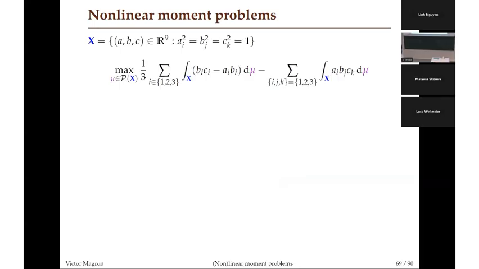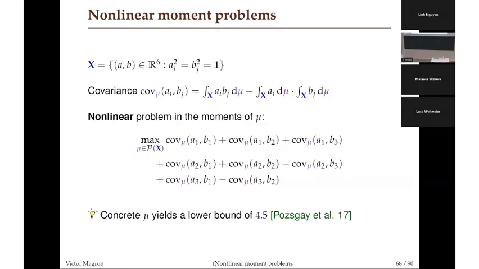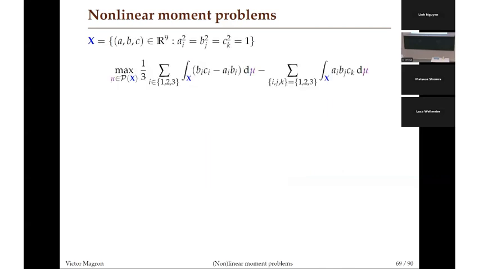There is another problem also coming from quantum information. Here the objective function is nonlinear. We also found that quantum physicists were interested in a problem where the objective function is linear, so it's just an expectation, but the hard problem comes from the constraints.